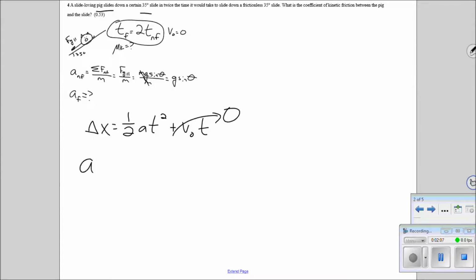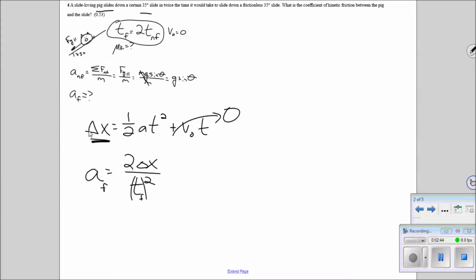So the acceleration of the pig with friction, let's rearrange this. Sorry. So whether there's friction or not, our displacement is the same, right? So let's rearrange this equation for acceleration. The acceleration of the pig is going to be 2 times our displacement divided by t squared, right? So specifically, the acceleration with friction is going to be 2 times the displacement divided by the time with friction squared.